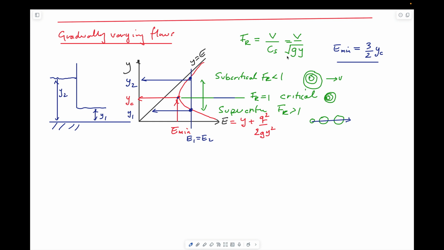If the Froude number is less than 1, then it's a subcritical flow. If it's supercritical flow, the Froude number is greater than 1, meaning that the high velocity flow is faster than the wave speed. Physically, what that means is if you dropped a pebble into the water for a Froude number less than 1, the circles would be kind of concentric.